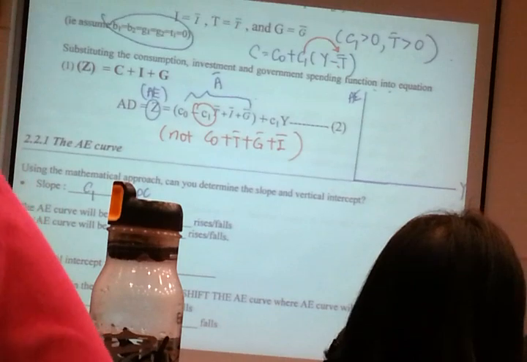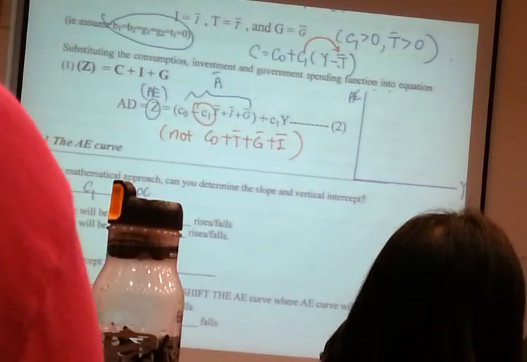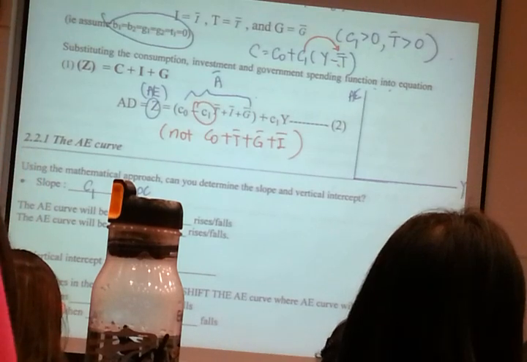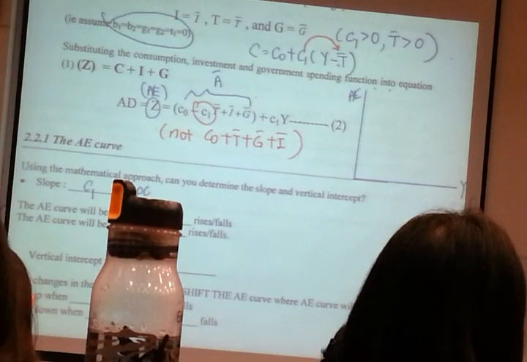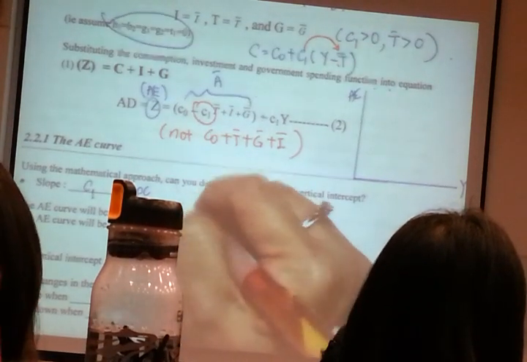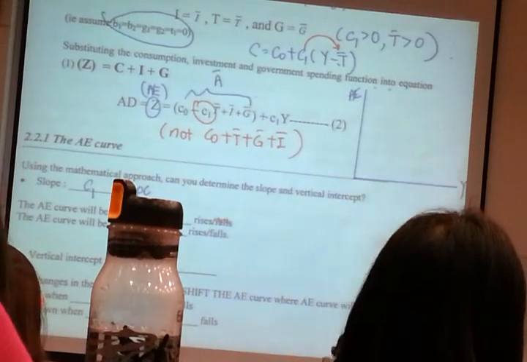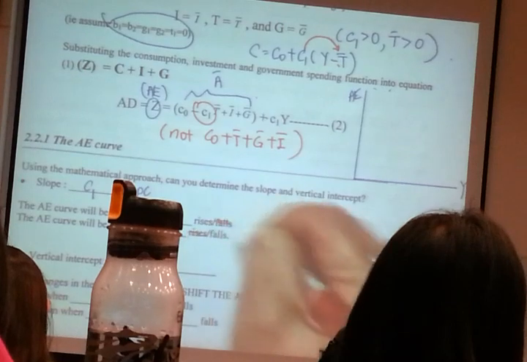So C1 is important. You cannot let C1 be 0. If C1 is 0, you've got nothing to draw. C1 can never be 0. So you must let C1 be positive, telling us, therefore, the AE line will be steeper when C1 increases. Conversely, AE will be flatter when C1 drops.